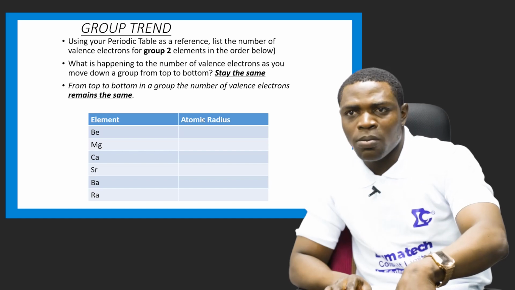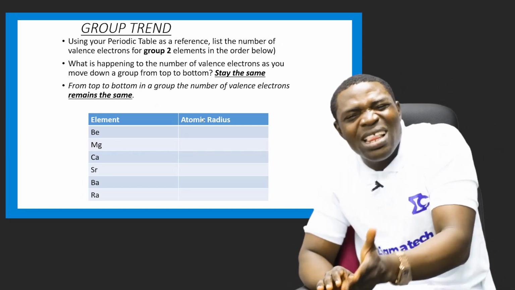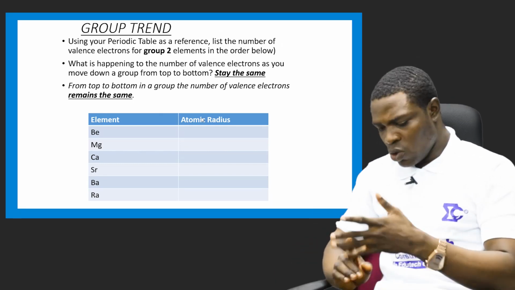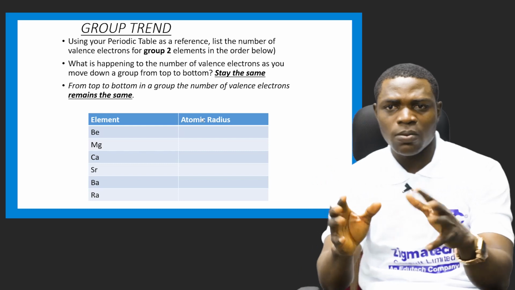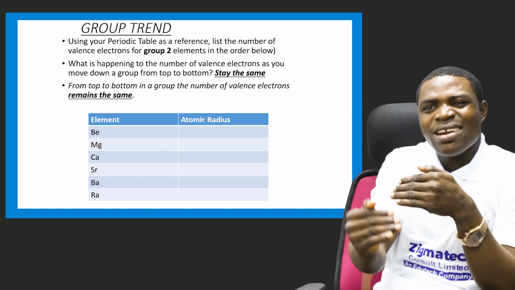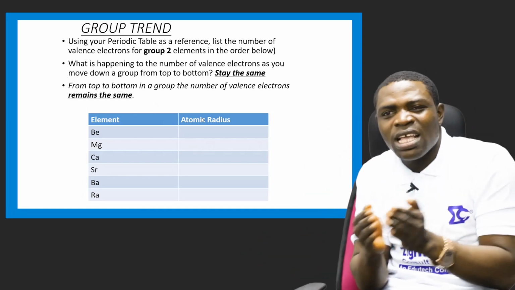Apart from the atomic number, elements are also arranged in the periodic table based on their valence electron. Look at beryllium, magnesium, calcium, and the other elements here: there is a consistency in the valence electron.